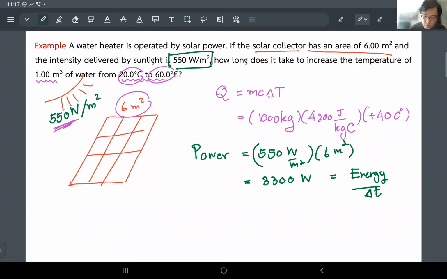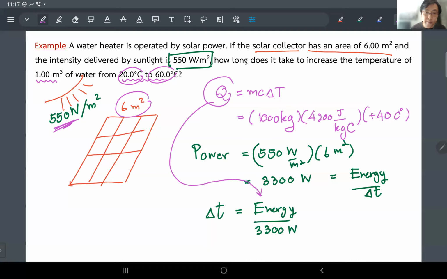So that means you can calculate the amount of time that you have to wait by taking the energy that you want divided by the power, which right now is 3,300. And that's it. What you are dealing with right now is that Q is the amount of energy that you need right here. Just plug that in, and then you're done, in seconds.